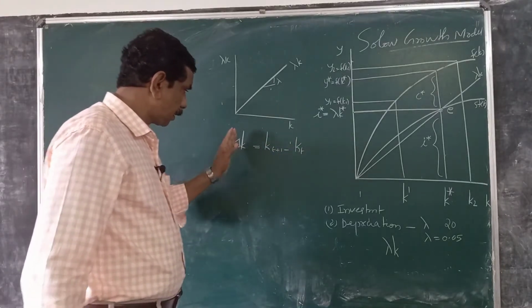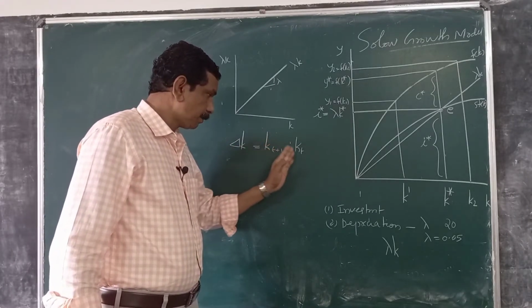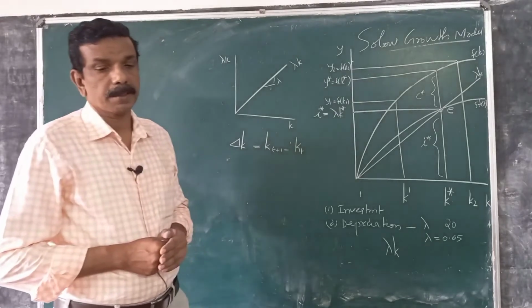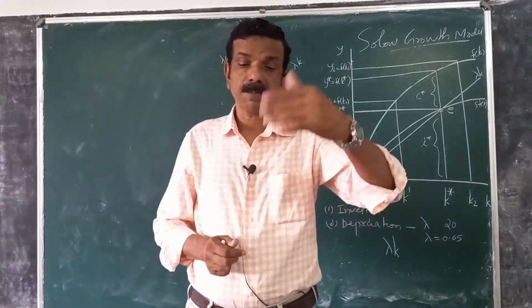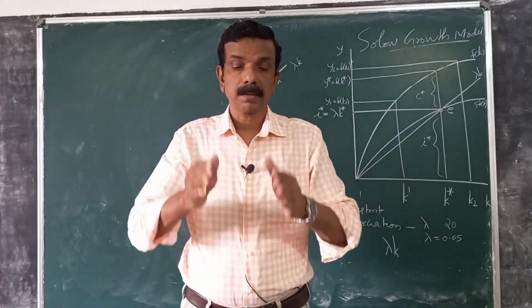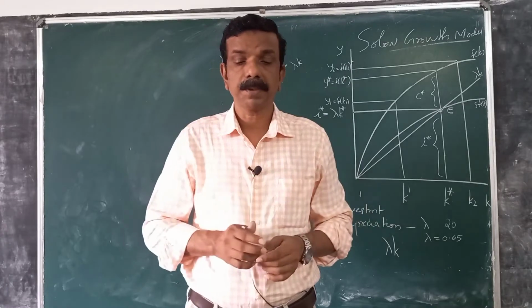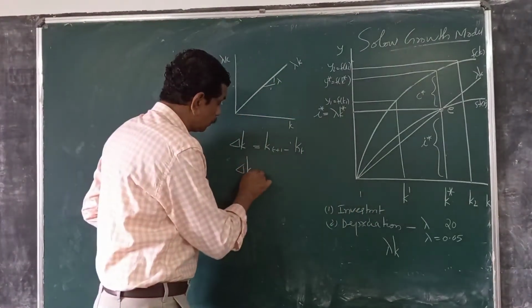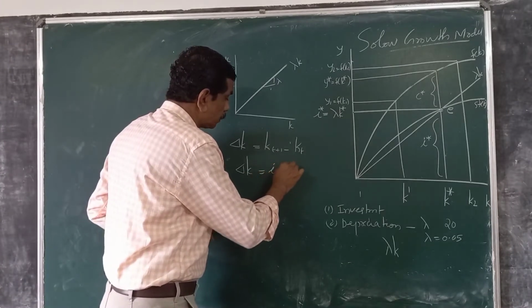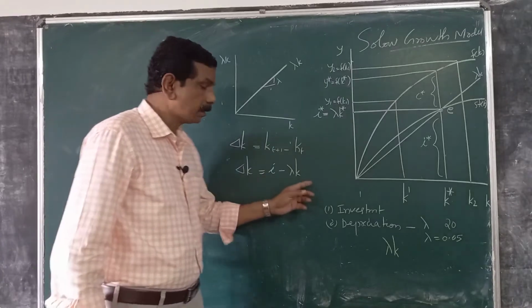Delta k, the change in capital per head, is equal to k t plus 1 minus k t. And this is equal to capital investment I minus the loss of capital in the form of depreciation, lambda k. So delta k is equal to I minus lambda k in per worker terms.